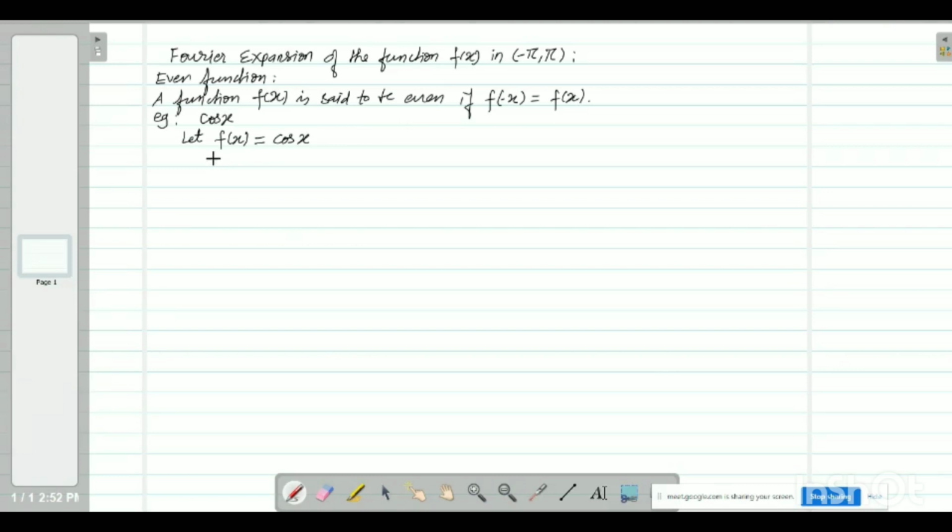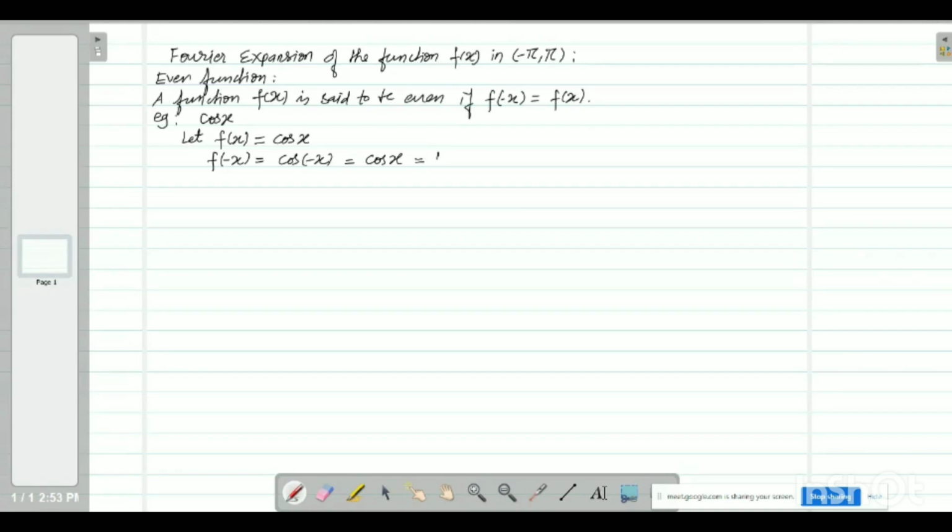I'm replacing x by minus x. So f of minus x is equal to cos of minus x. But cos of minus theta is what? That is cos theta. So this becomes only cos x. But cos x is f of x.